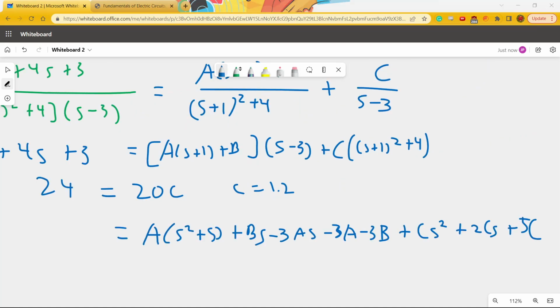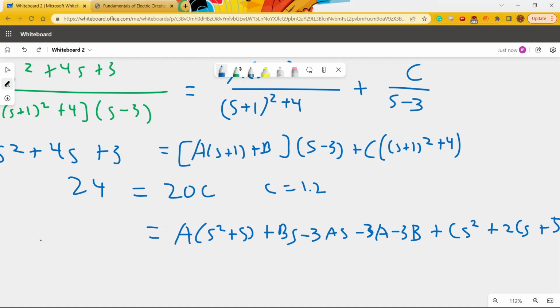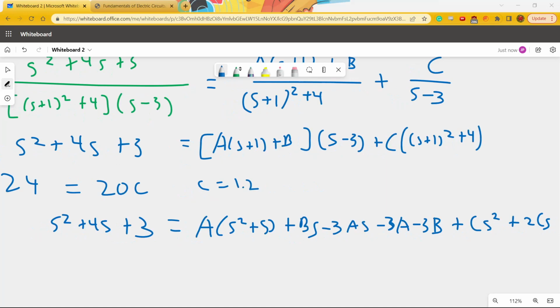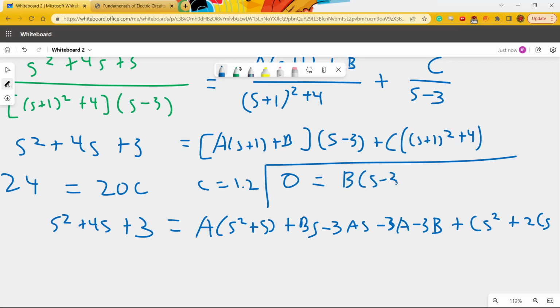This enormous monstrosity, a s squared and so on. Anyway, we're going to combine like terms in order to set up our system of equations. But first I'm going to plug in s equals -1 now that we have c to ease our work a little bit. If we do that, we get 0 on the left, excuse me, I'm just dumb. And on the right, this a term disappears, so we're left with b times s minus 3.